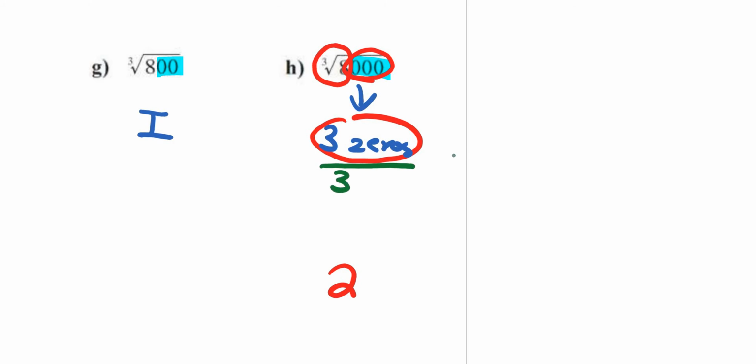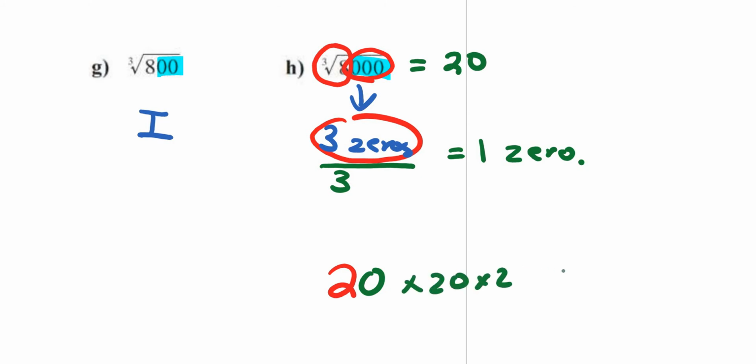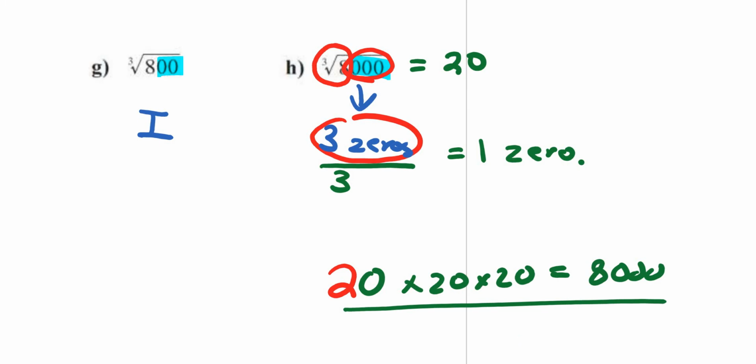And 3 divided by 3 gives you 1, right? So you must have 1 zero in your answer. So your answer is going to be 20. All right, so the cube root of 8,000 is going to be 20, and 20 times 20 times 20 gives you 8,000. So that's a nice little check there if you want to figure out what the cube root of 8,000 is. Since you have 3 zeros there, it's going to be rational.